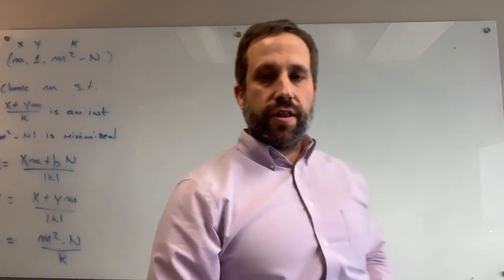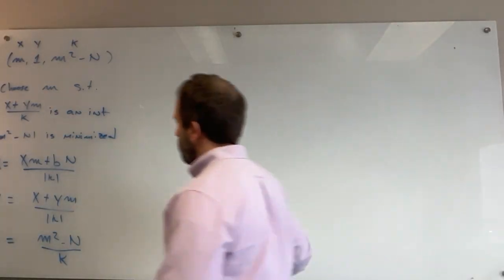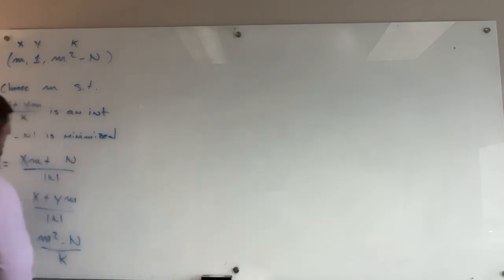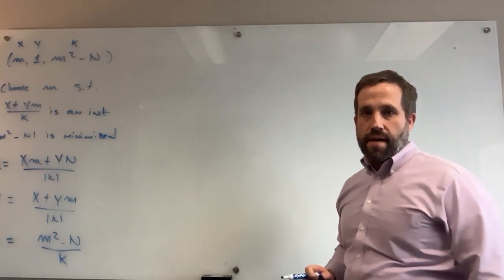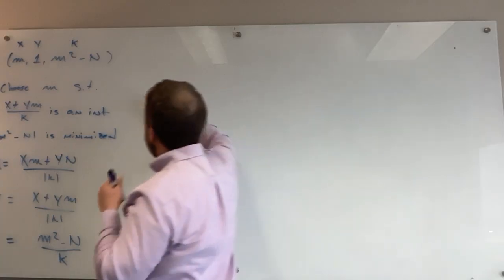Let me make sure I got that written down correctly. Sorry, in my notes I have different letters, so this b should be a y. So: xm plus yn divided by k, x plus ym divided by k, m squared minus n divided by k. All right.